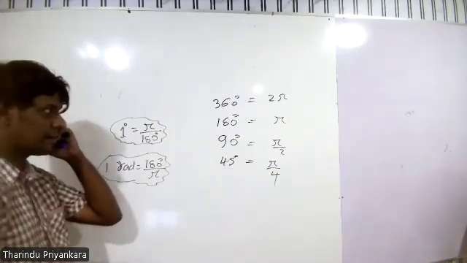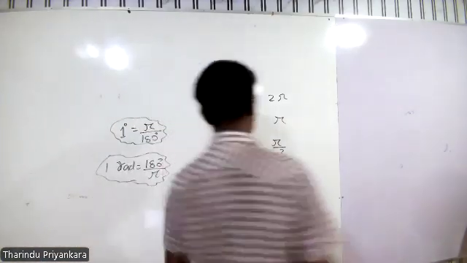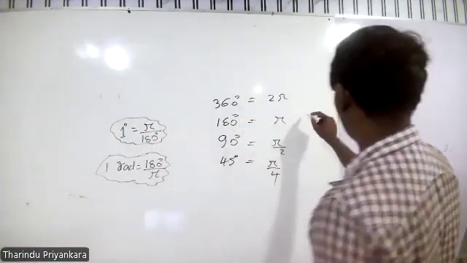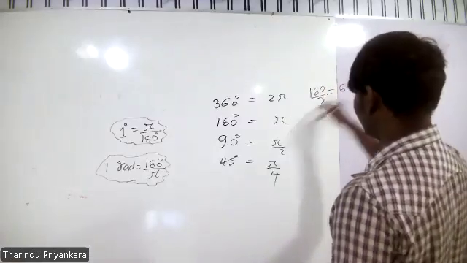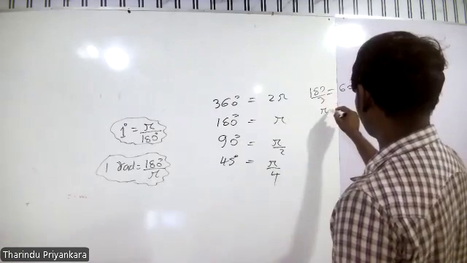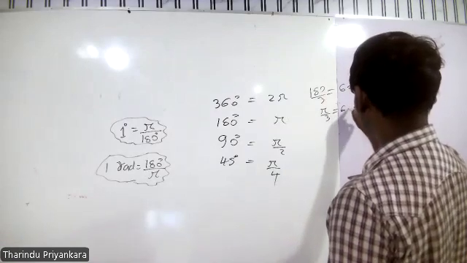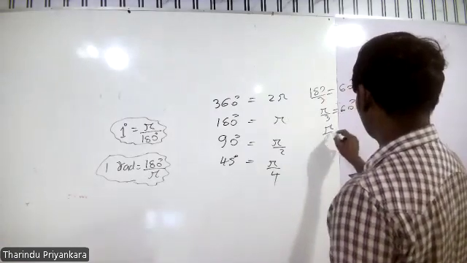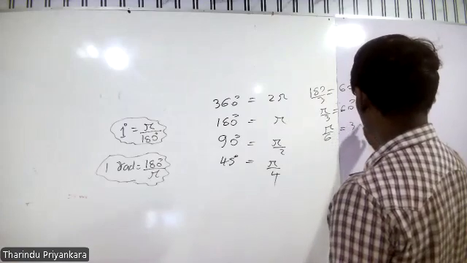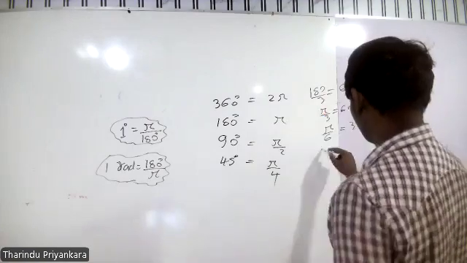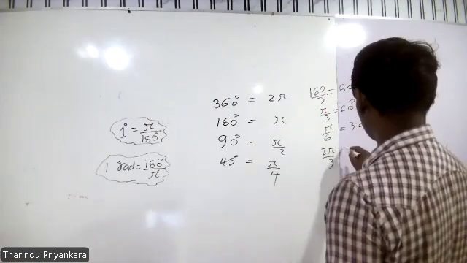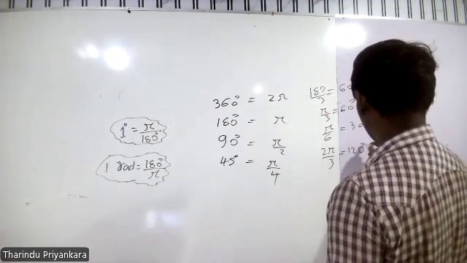Okay. So let me get another relation here. 180 over 3 is 60 degree. So it is like pi over 3 equals 60 degree. Pi over 6 equals 30 degree. Right? 2 pi over 3 equals 120 degree.